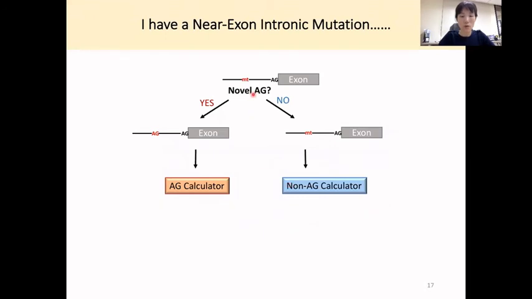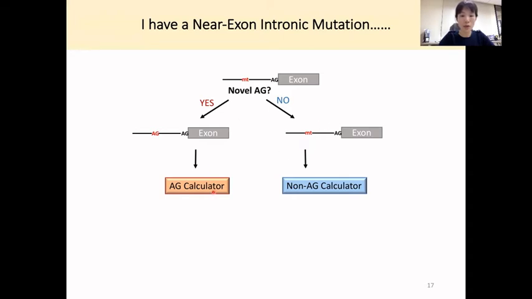We first separate the AG and the non-AG mutations because we believe the novel AG is a different question. They are two AGs competing for splicing, and the non-AG mutations are branch site mutations.